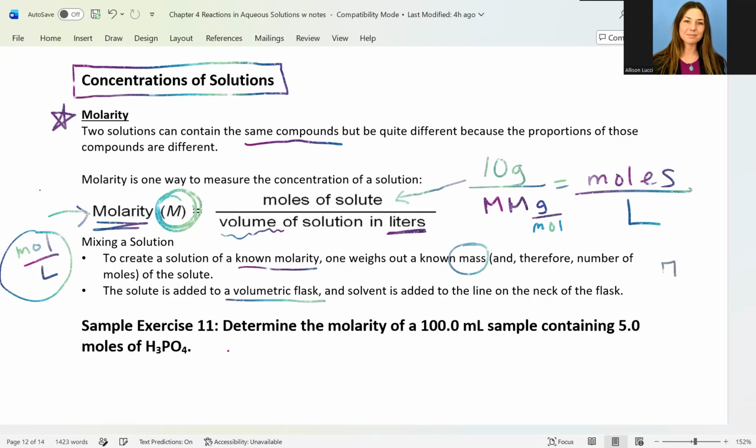So a flask that has this type of shape, much thinner on the top, and this round bottom here. We add our solute in here, and then we raise our volume to a specific line measurement. So we would add water, dissolve our solute, and swirl the flask. So that's how solutions of a known concentration are commonly prepared.